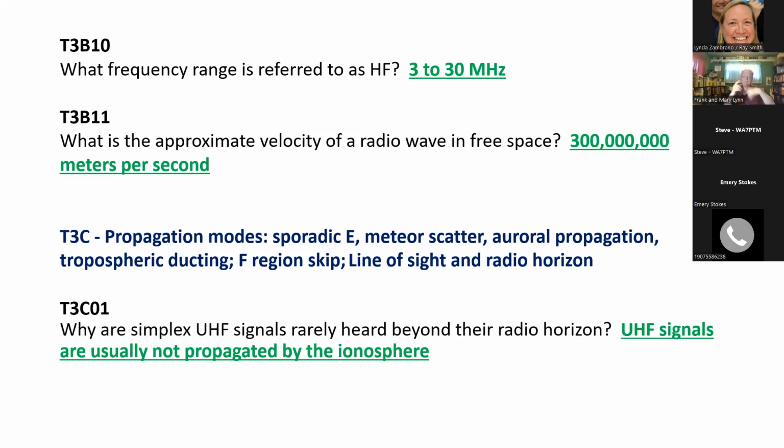And spinning water molecules is a form of hot water. That's basically what you do in your microwave oven. You're heating up the water molecules by imparting energy to them, and they start spinning and vibrating. So, but no, UHF, you have to realize goes in a straight line and it doesn't bounce off the ionosphere.